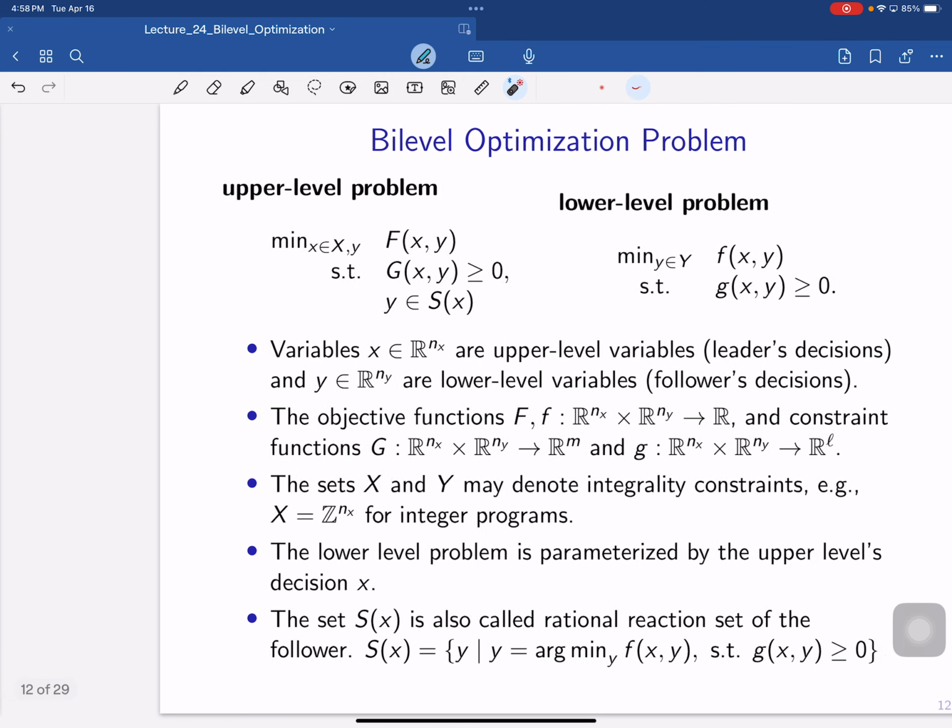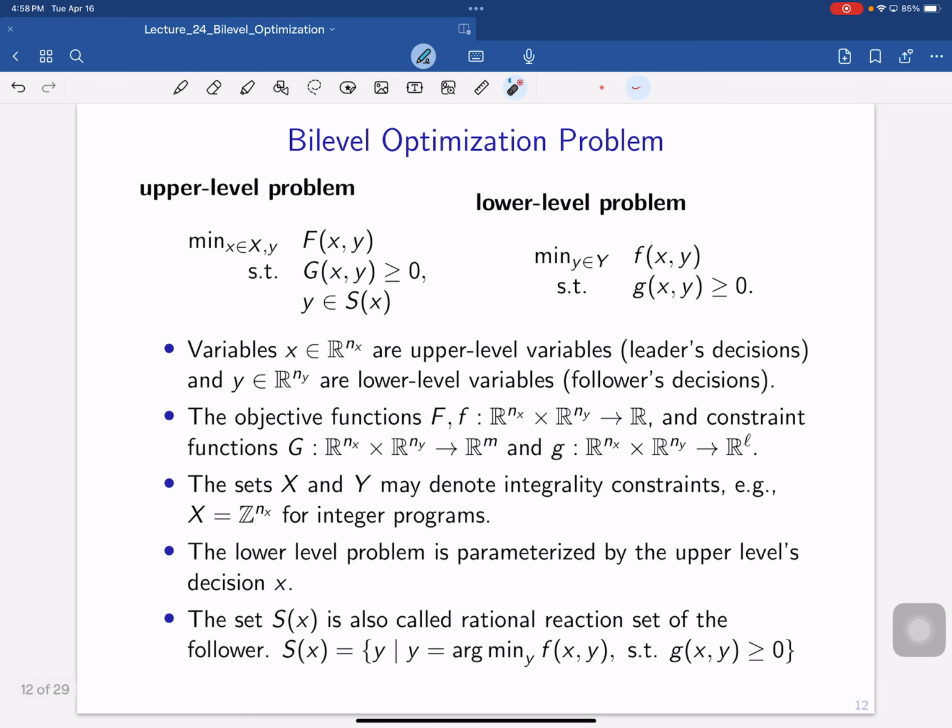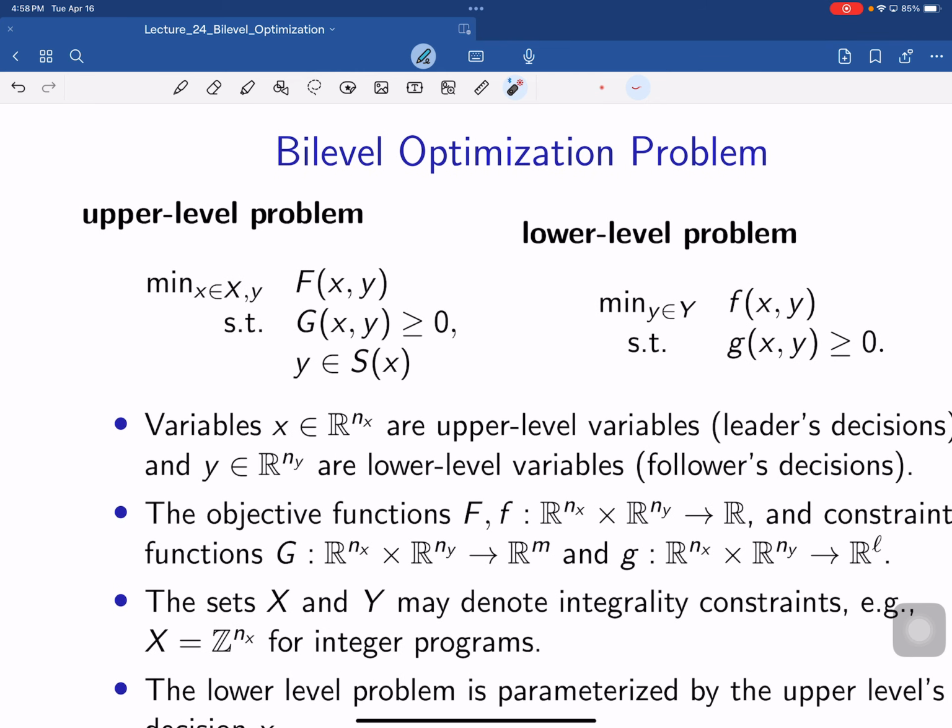Okay, so let's generalize this a little bit to the mathematical formulation of a bilevel optimization problem. Here we have two sets of problems, an upper level problem and a lower level problem. If you just look at this objective and this constraint here, this is essentially the leader's problem.